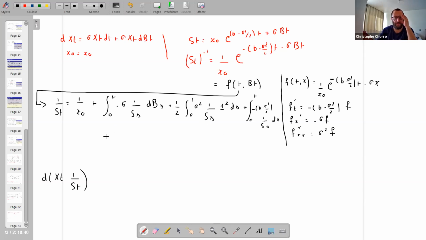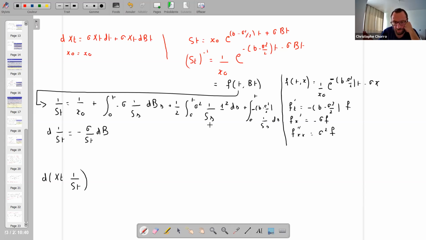So I have this one, and in particular, I can say that d of 1 over S_t is equal to what? Maybe I have some simplification. Let's see. I have minus sigma over S_s dB_s, the only term in dB_s, so I can write minus sigma over S_t dB_t. And then I have this term.